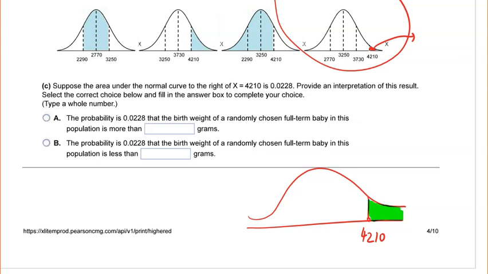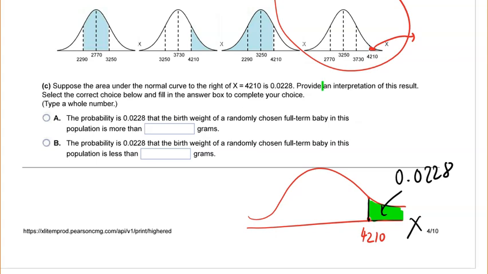Part C says this area is 0.0228, and this is of course the x line, the random variable. Read the problem: suppose the area under the curve to the right of 4210 is 0.0228. Provide the interpretation of the results.